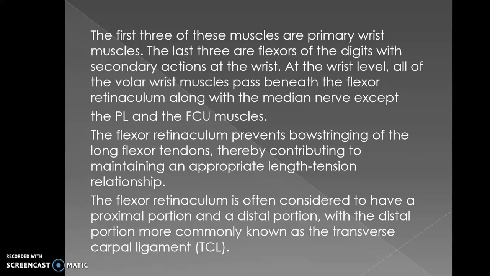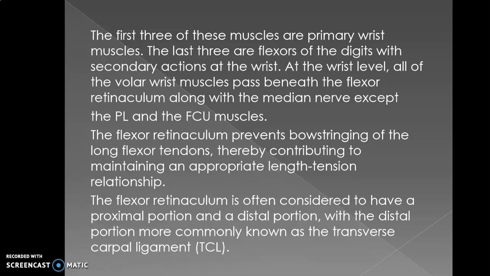the skin actually. But this does not happen in our hand because this bowstringing is prevented by the flexor retinaculum and the transverse carpal ligament. Bowstringing of the long flexors is prevented by the flexor retinaculum, thereby contributing to maintaining an appropriate length-tension relationship.